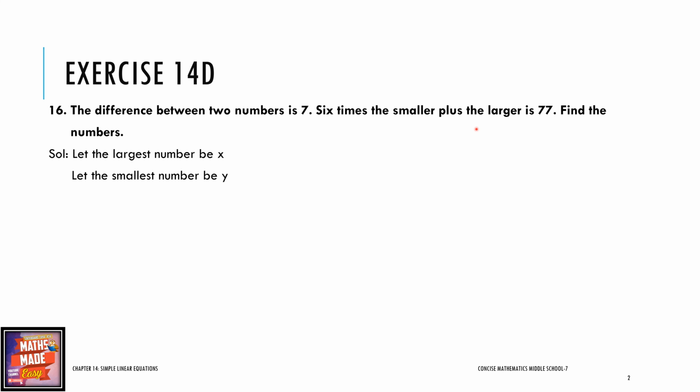See here, let me write it for you. 6 times the smaller number, since we have assumed the smaller number as y, so 6y, plus what is the larger number? x.